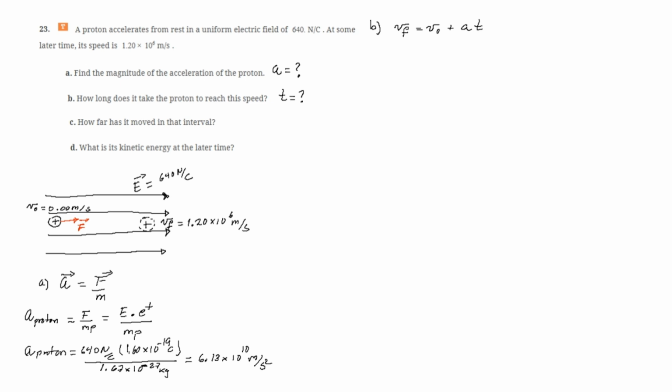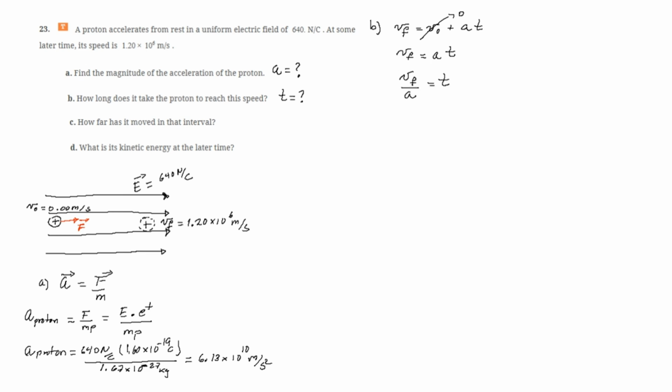This initial velocity is 0 because the proton is initially at rest. So the final velocity is equal to acceleration times time. If I want to find the time, I divide by the acceleration of the proton, and this will be equal to the time.